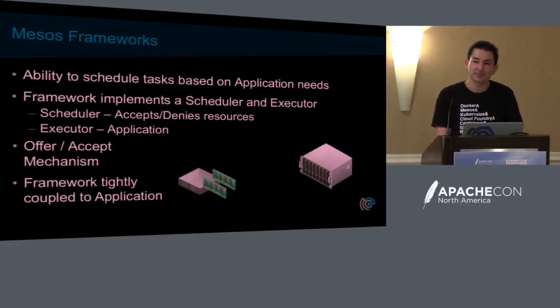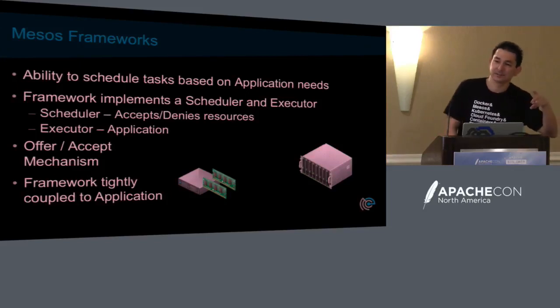That scheduler can accept and deny resources. Based on the resources that are offered up to the scheduler, it will either decide to take some of that resource and deploy the application, or decide to pass and do something else. When it decides to deploy, your application, your container, gets deployed in the form of an executor, which is that second component. So two components, scheduler and executor.